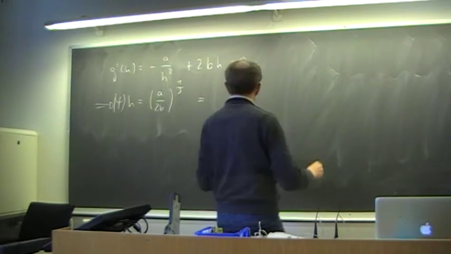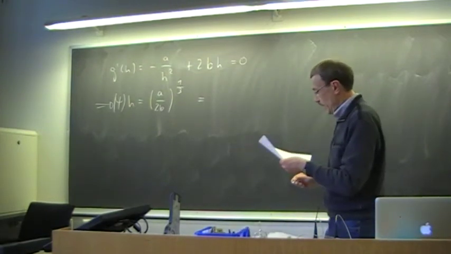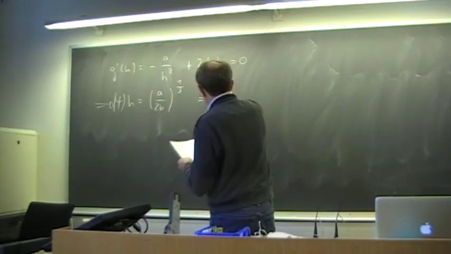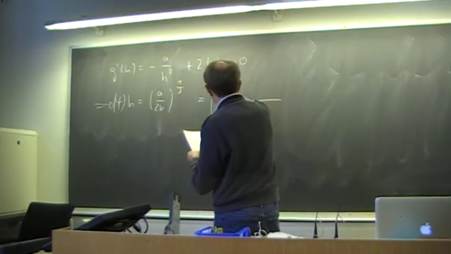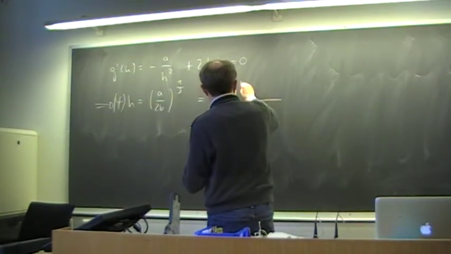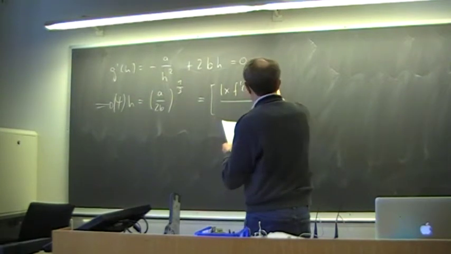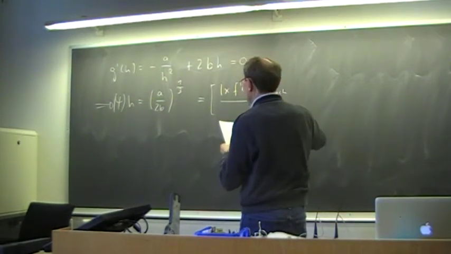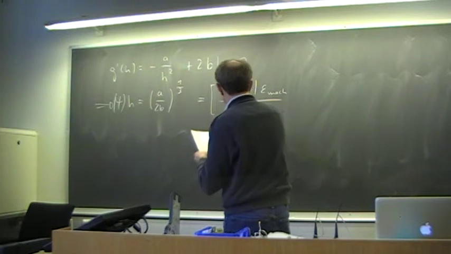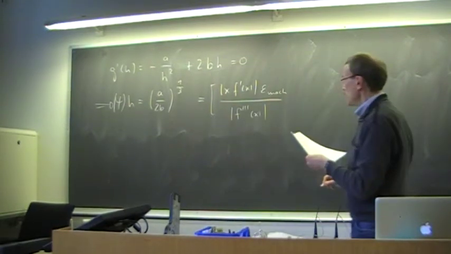If we insert our a and b over there, we find that this is then x f prime of x times machine epsilon divided by the absolute value of the third derivative of f with respect to x.